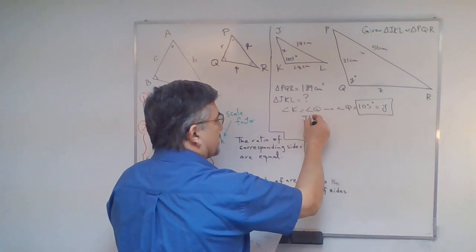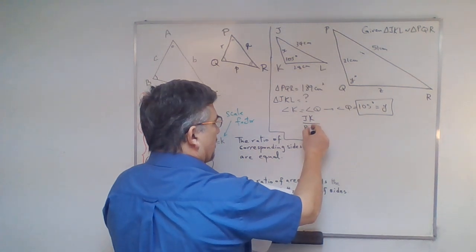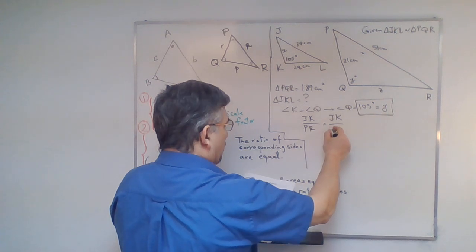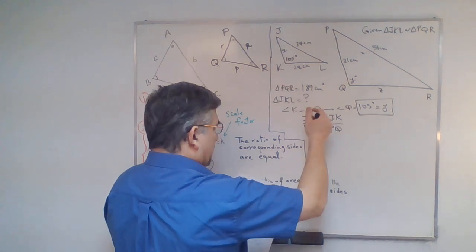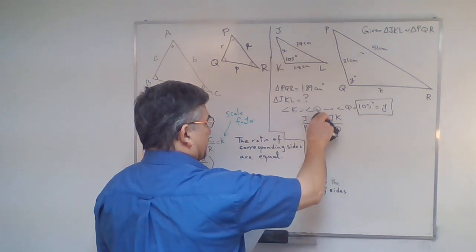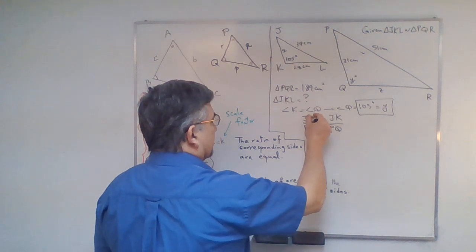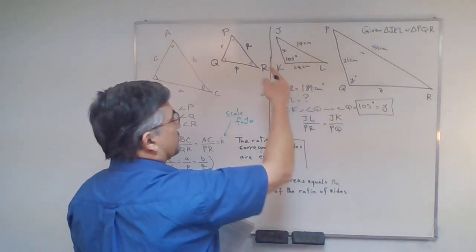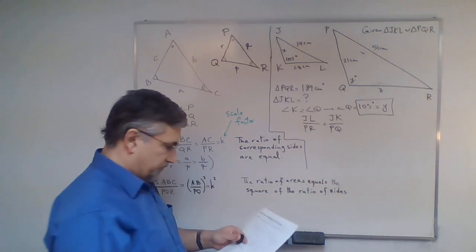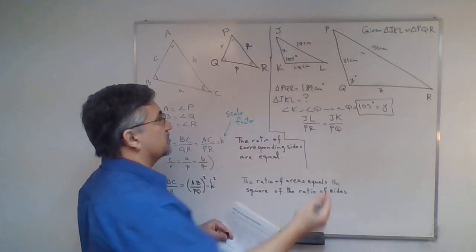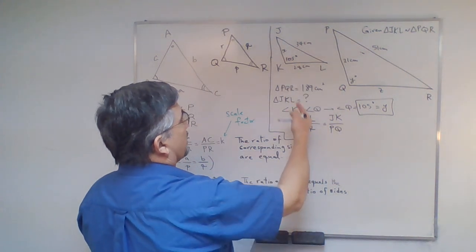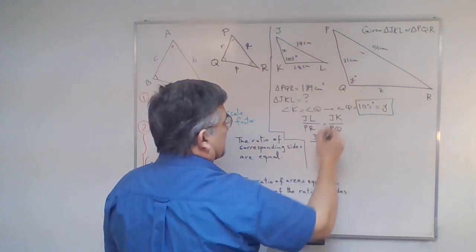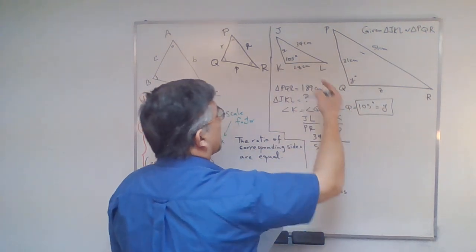So I say JL over PR equals JK over PQ. I think this was JL, right? JL over PR is the same as JK over PQ. All right. Now we just have to plug in numbers. JL is given to be 34 centimeters. PR is 51 centimeters.